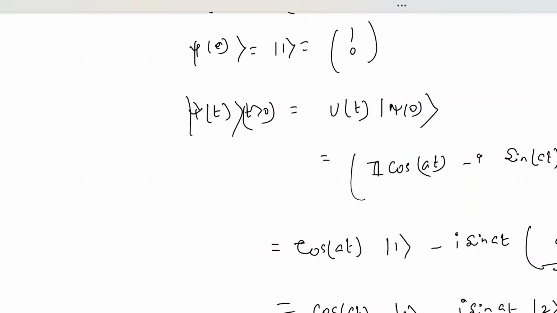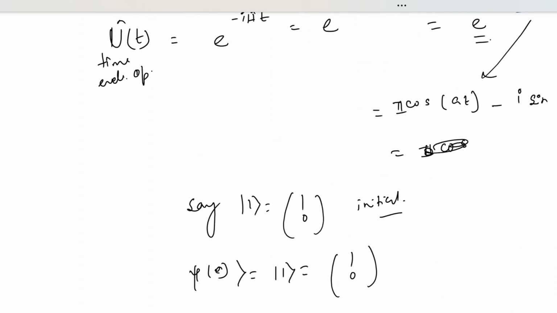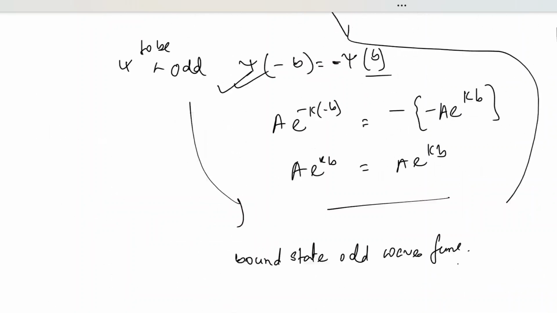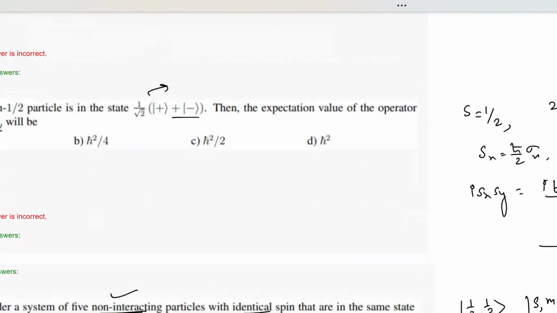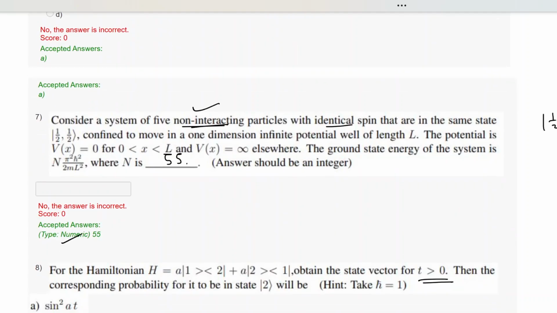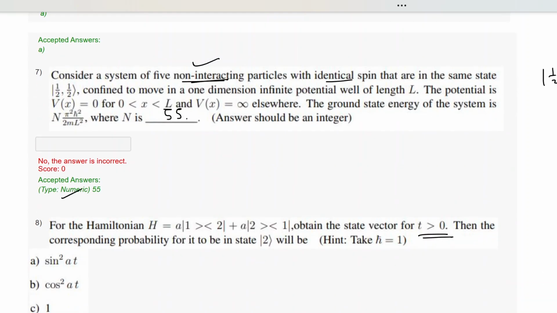So i squared is also plus 1 from the modulus, sin squared at. So you are getting the answer as sin squared at as the correct answer.